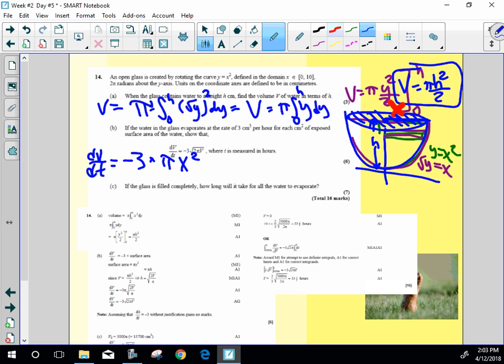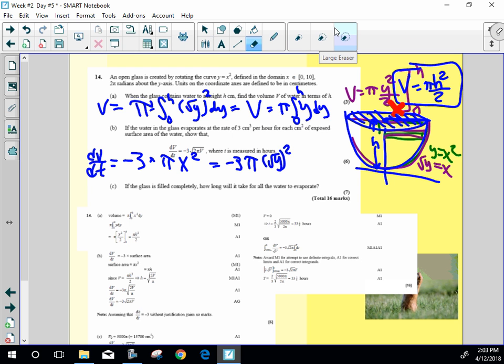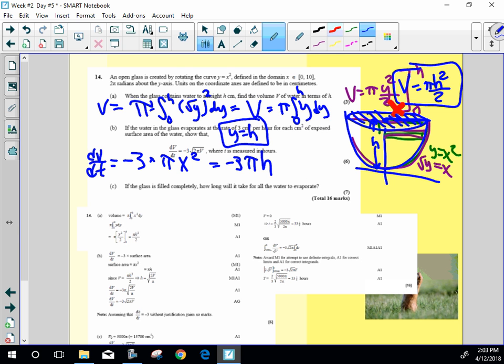And what was y equal to? Well, here, I'll just rewrite that. Negative 3 pi square root of y squared is what? Isn't that just y? And what's y equal to? The height. So let's call this negative 3 pi h, because y and the height are the same.